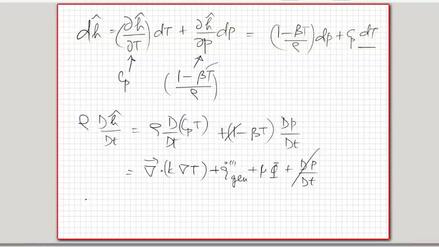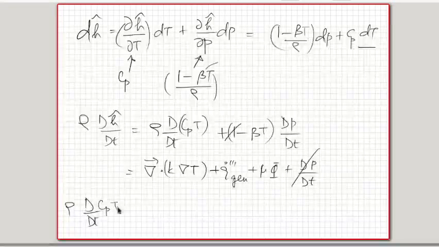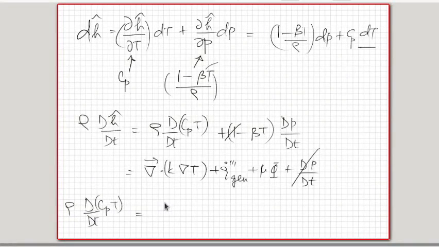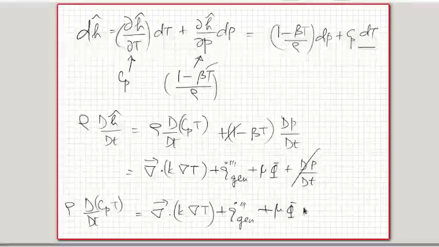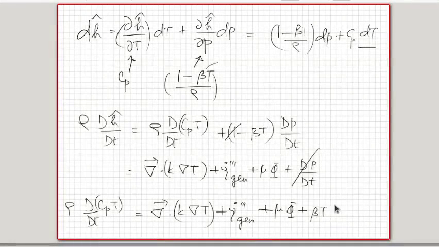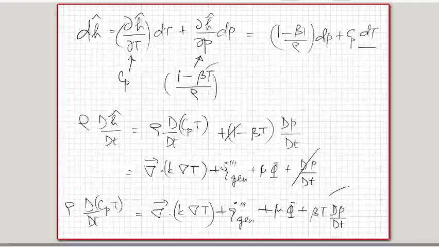So I'll get rho d by dt of CpT would actually be equal to del dot K del T plus Q dot triple prime generation plus mu phi plus beta T into dP by dt. So this is the other form of the energy equation.